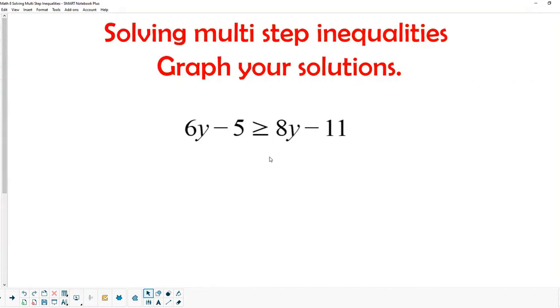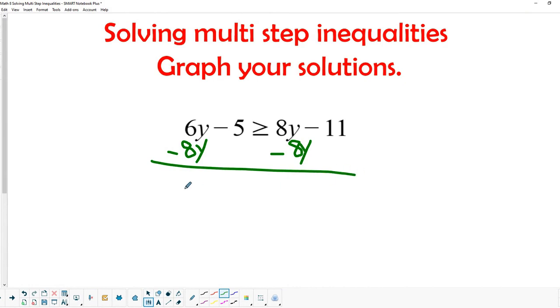On our first one, there are no parentheses, but we do need to move all the variables to one side and all the constants to the other. So let's start by subtracting 8y from both sides to move the variables to the left. 6y minus 8y is negative 2y.